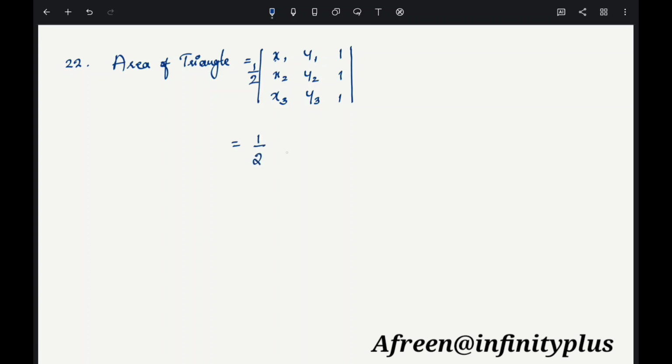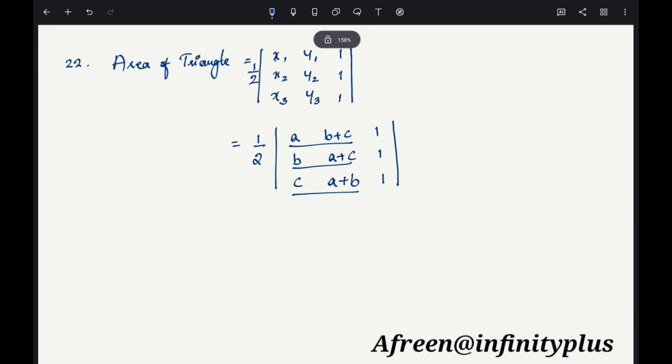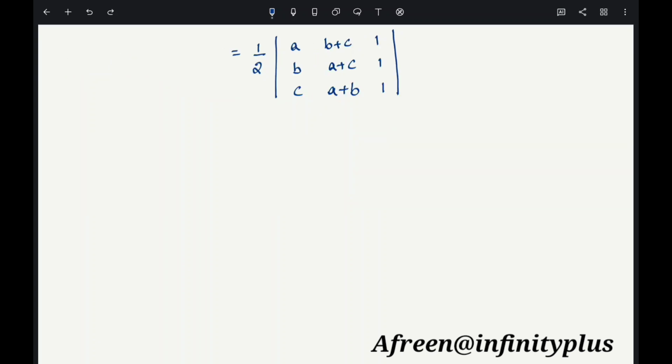This becomes 1 by 2 into the determinant of: x1 y1 is A and B plus C, 1 as it is; x2 y2 is B and C plus A, or A plus C, and 1 as it is; and next is C, A plus B and 1. These two are the points of A, these two are the points of B and these two are the points of C. So let's find the determinant value for this. Here the half will remain as it is.